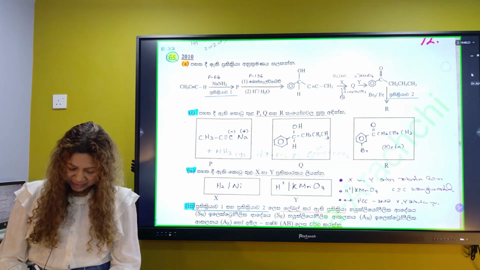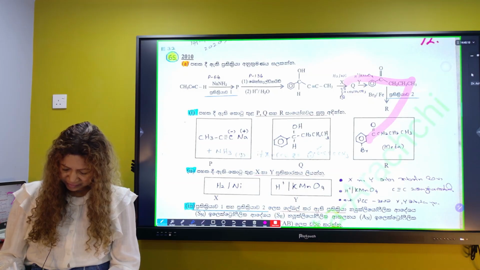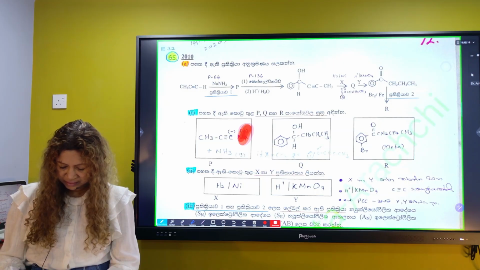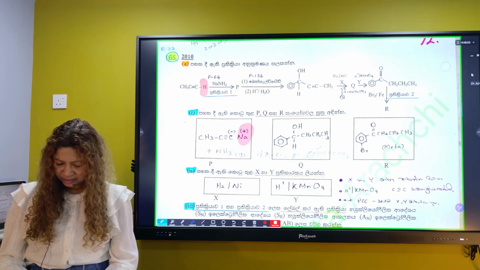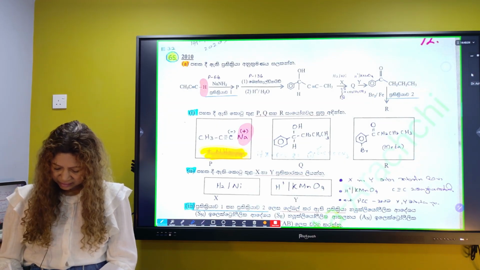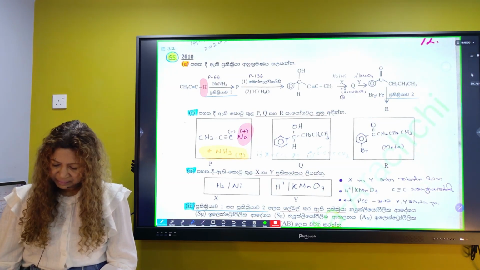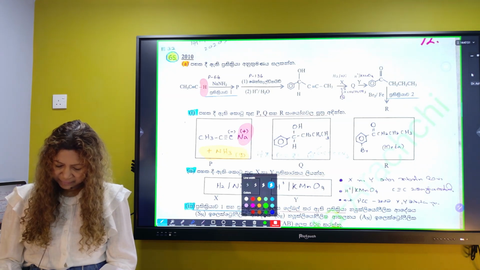Okay, the initial compound is given. Sodamide is added to the terminal alkyne, and then sodium joins here instead of this hydrogen, and the byproduct is ammonia. They were not asking, but if you have enough time, just go with that. And then adding benzaldehyde. So the reaction type with respect to benzaldehyde is nucleophilic addition.